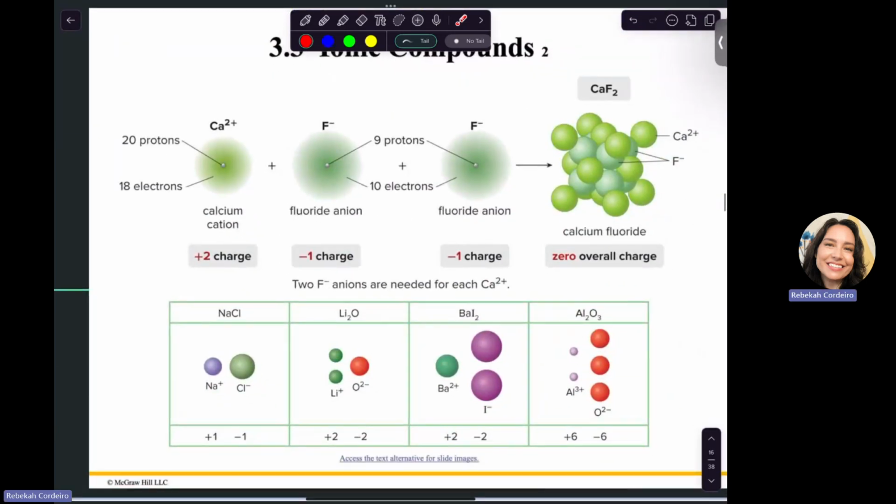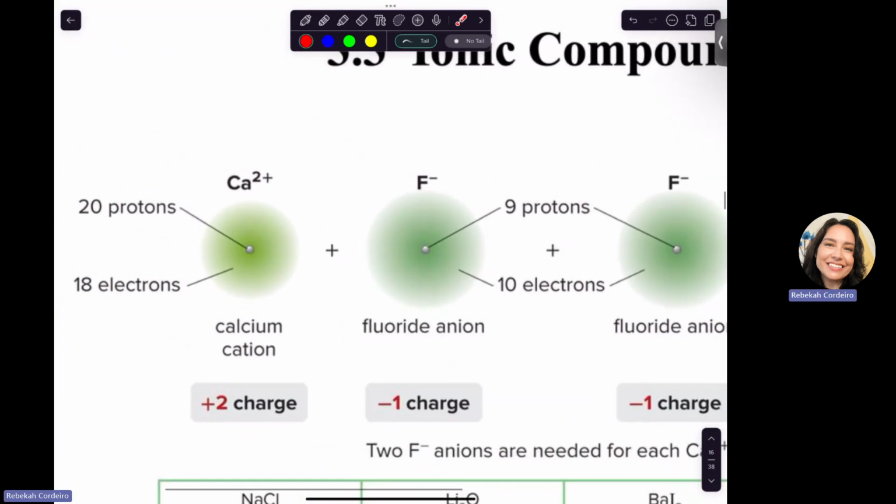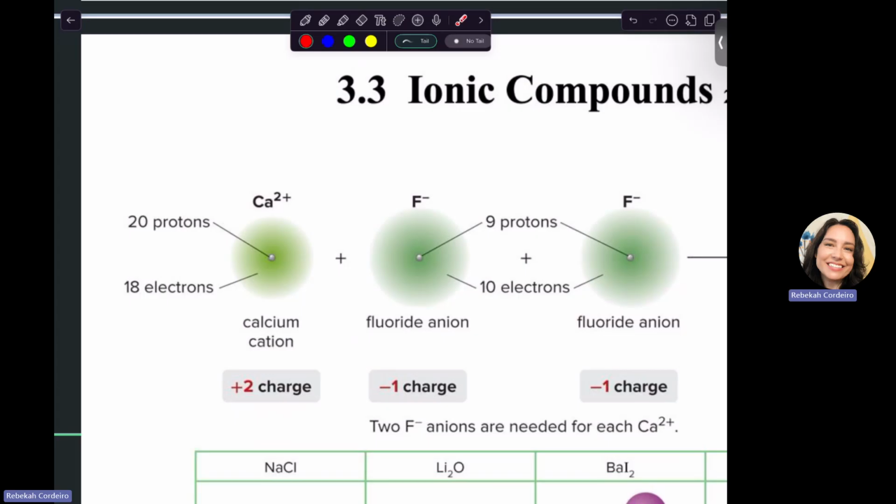So here is another example, calcium and fluoride. Calcium needs to get rid of 2 electrons, and so it becomes a +2 charge. Fluorine likes to gain 1 electron, so it becomes a -1 charge. Well, if calcium is going to try to get rid of 2 electrons, and fluorine can only take 1, we need 2 fluorines to take calcium's electrons.